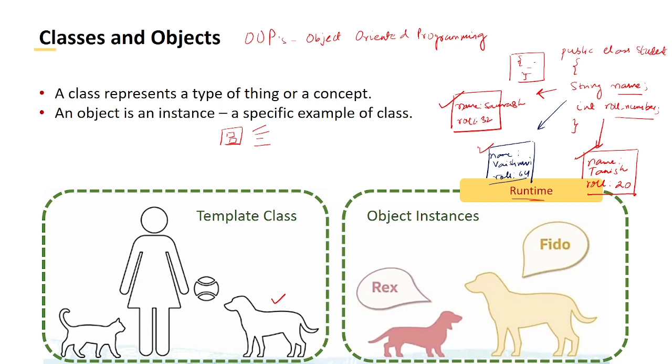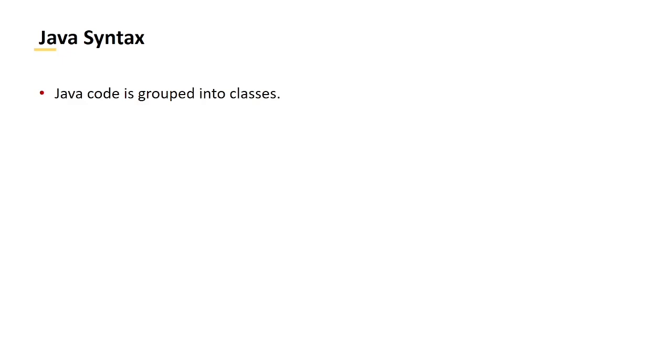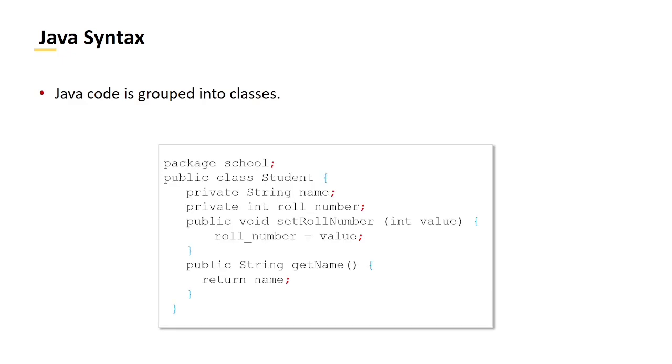Let's take one more example, the example that we saw in the Java syntax. So you see we had package school, we had student, we had string name, roll number, we had set roll number, we had get name. So this is a class. So this is a prototype, right? This is an object factory. So we refer to class by a lot of things.